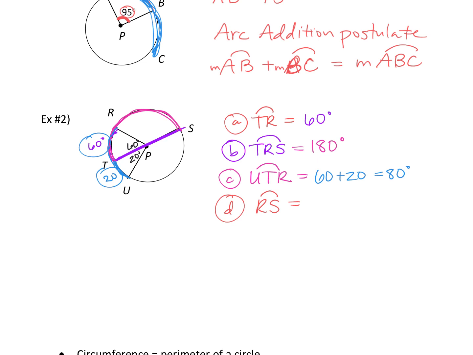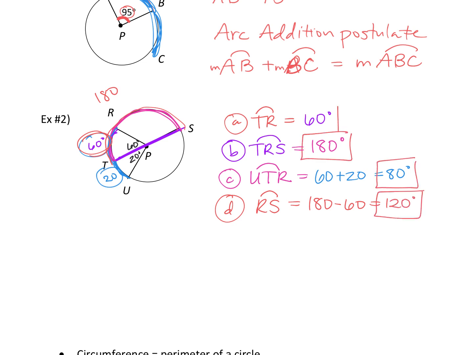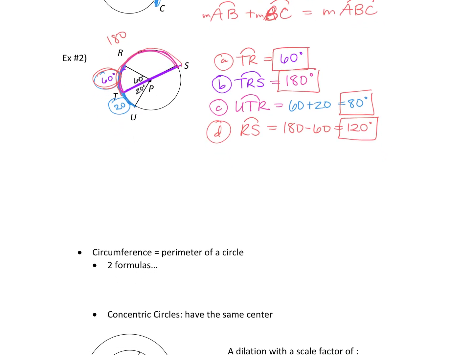It's 120. If we know the whole thing, the semicircle, is 180, then we just take away the 60 and we get 120 degrees for that. Okay. So far, so good?